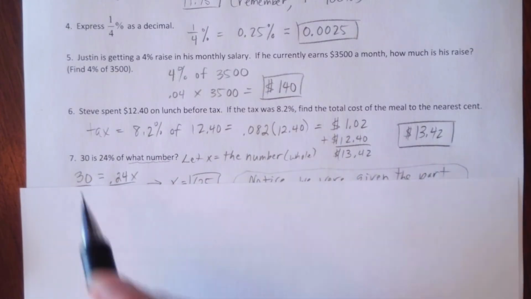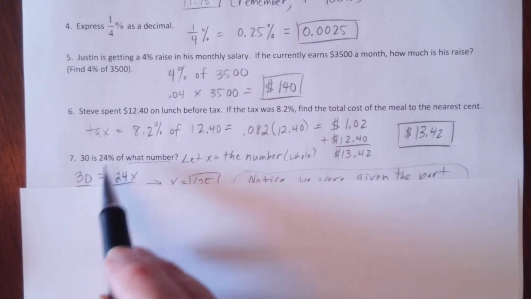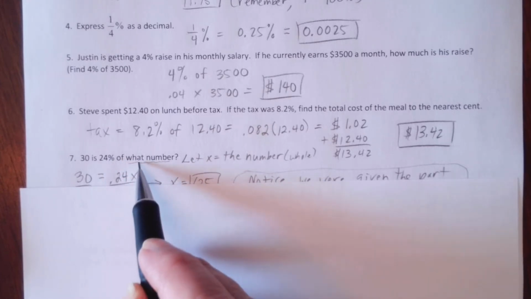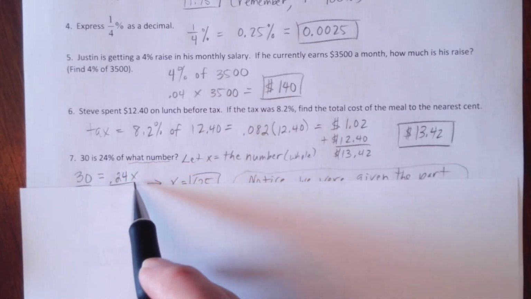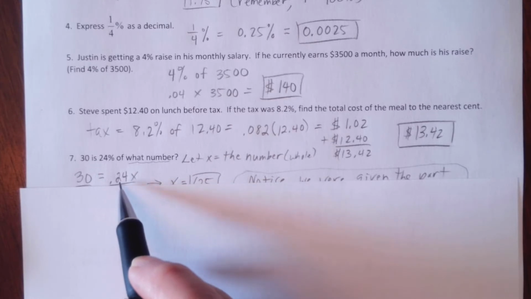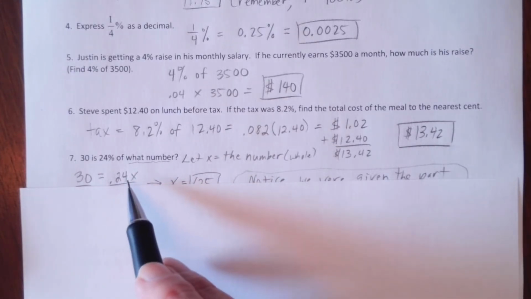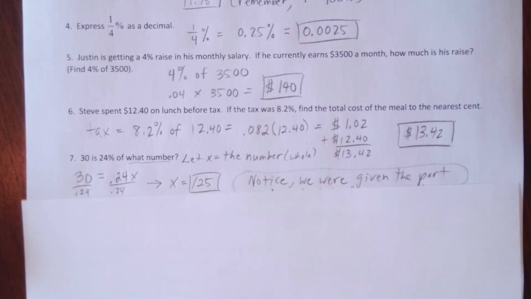And so here's my equation. 30 equals 24%, which we write as 0.24, of what number, so times some number x. So this is my whole. 24% of that gives me 30. To solve this equation, I want to get x by itself, so I divide both sides by 0.24.